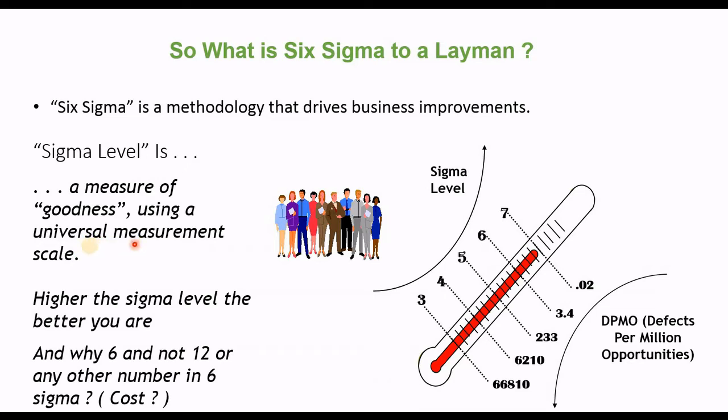So when I say universal measurement scale, means if you are into production, you have a different process. If you are in sales, you have a different process. If you are in recruitment, you have a different process. But I want to match all these processes by a single indicator. It is not possible. We can match only apples to apples. So Sigma level gives a commonality of measurement between different processes and gauge them how good they are and tell them how good they are.